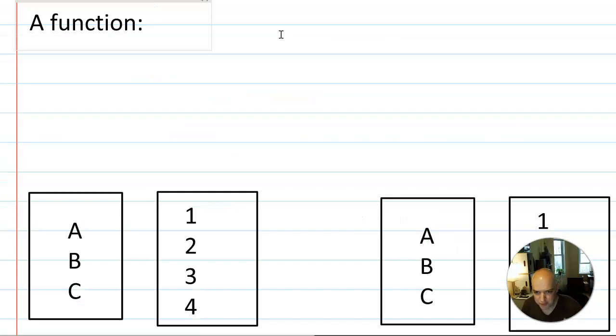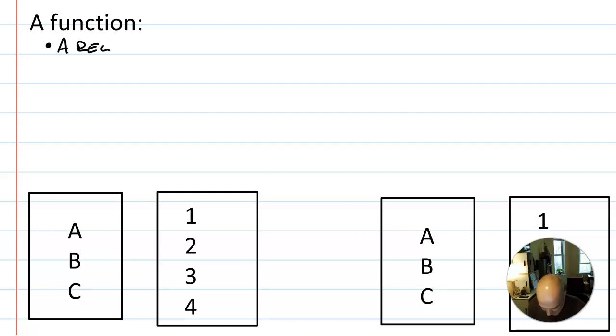Most of the time in math, we want to look at relations that have one special property, and that is that they represent functions. So what the heck is a function? Well, the book definition, and the one that I'd like to go with first, is that a function is a relation where each input corresponds to only one output.